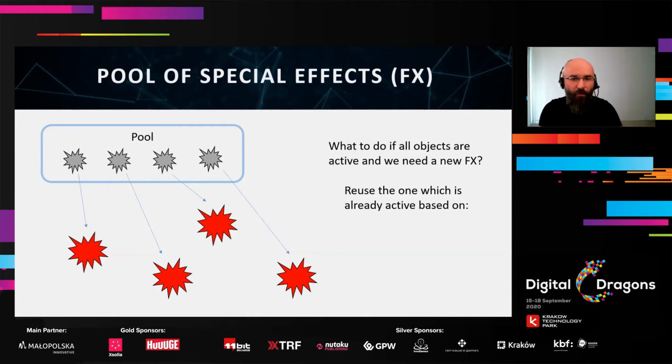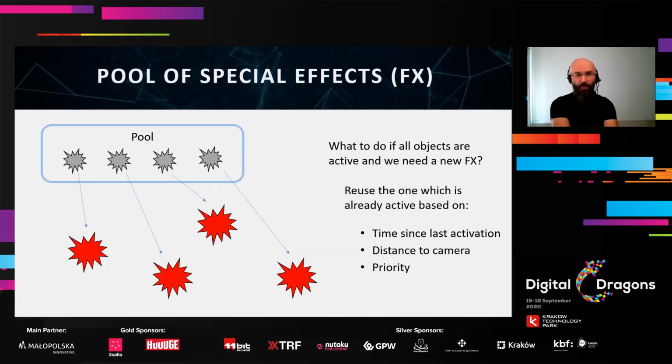I want to choose the explosion which is the least noticeable for the player. So I'm looking at time since last activation, distance to the camera, or some other priority, to choose the one which would be the least noticeable for the player to disappear somewhere and appear in another place.